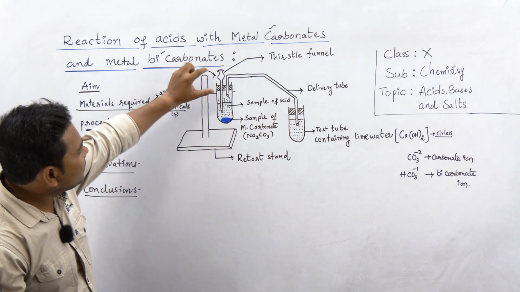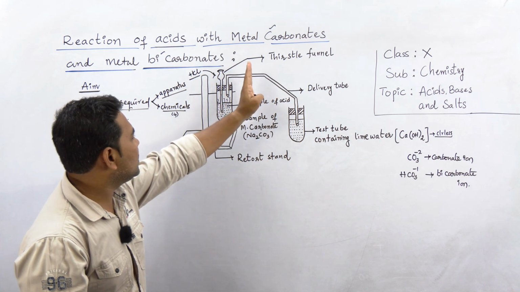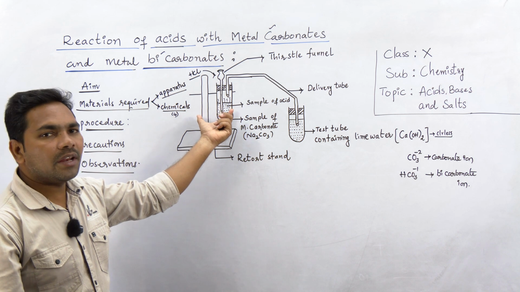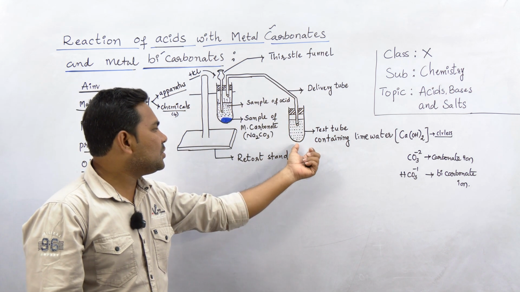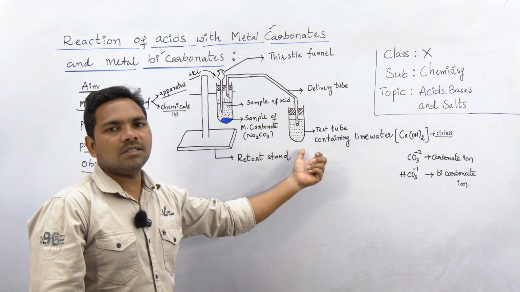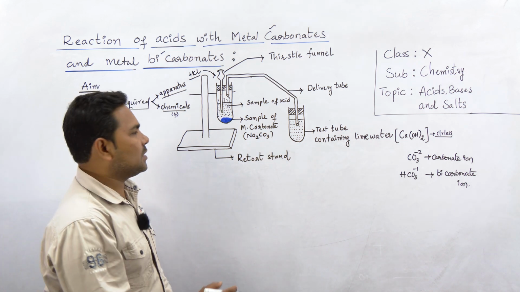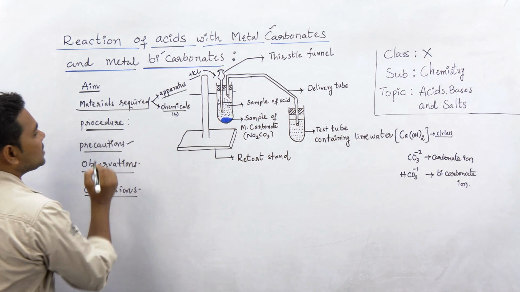So we can divide this setup into two parts. See this delivery tube: the left side shows the reaction of acids with metal carbonates, and the right side, the test tube containing lime water, is to identify the gas released in this experiment, right?